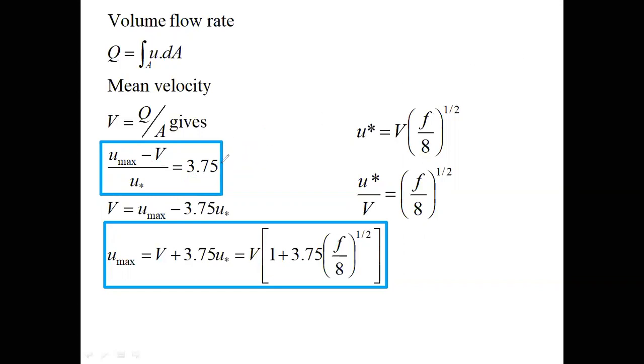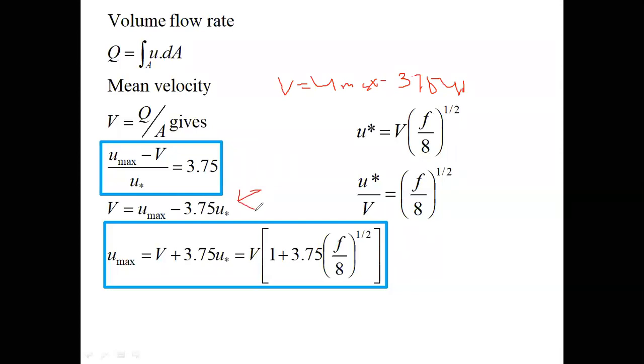Then from this equation we can write the average velocity V equals the maximum velocity u max minus 3.75 times u star, right? That is this equation.